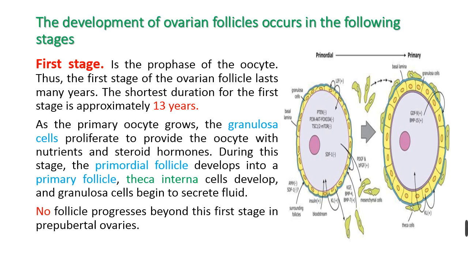Thus, the first stage of ovarian follicle development lasts many years, as we discussed in the last slide. The shortest duration for the first stage is approximately 13 years.